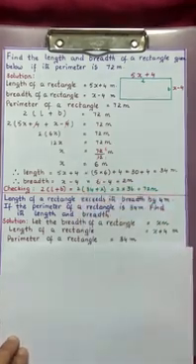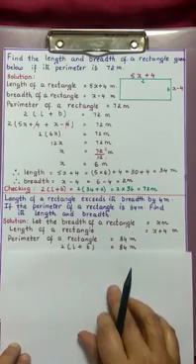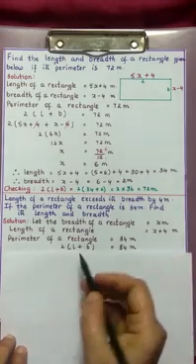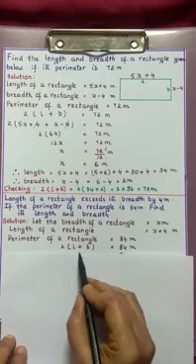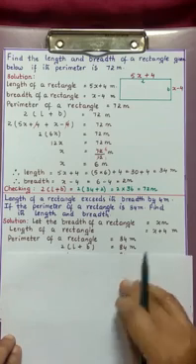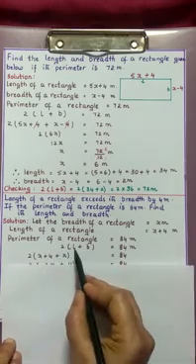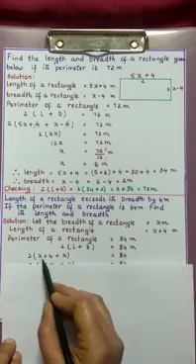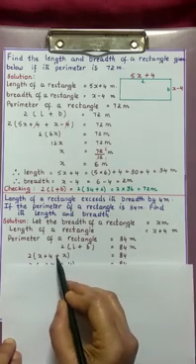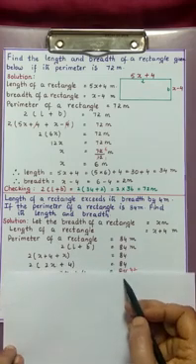Now same like above sum, let us substitute these dimensions in the formula, then we find what is x. As we know, perimeter of a rectangle is 2 into (L plus B), which is equal to 84 meters. Now let us substitute 2 into length, which is (x plus 4), this plus is formula plus, breadth is x, which is equal to 84.